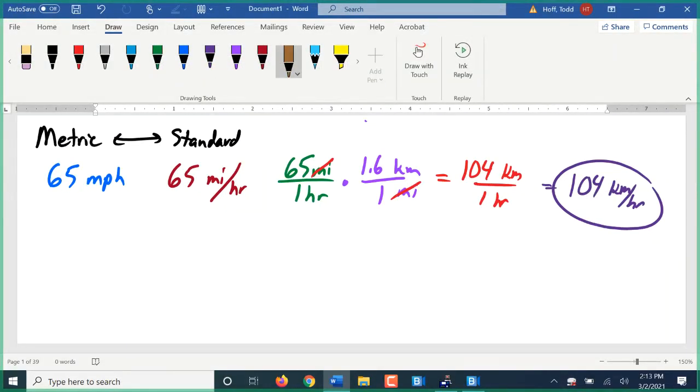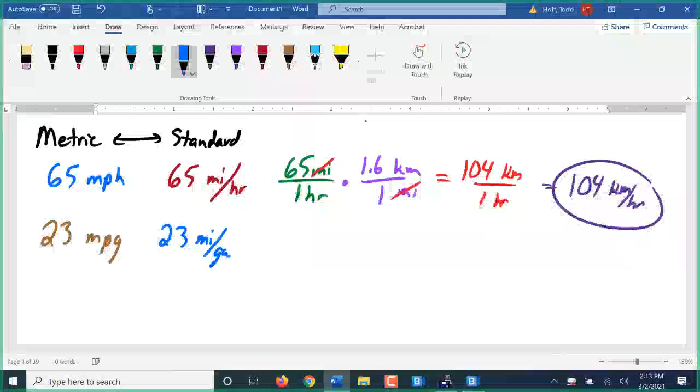Another common rate, a very common rate, let's say your car gets 23 mpg. Again, we know that means 23 miles per gallon. Let's see what that would be in kilometers per liter.